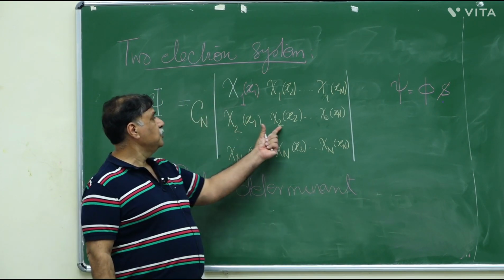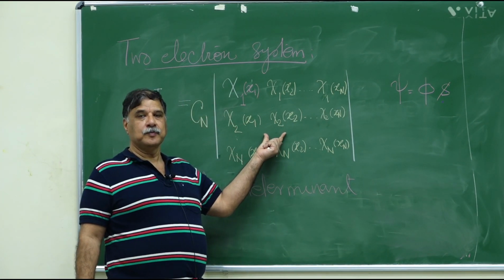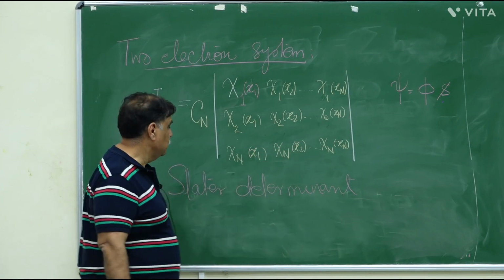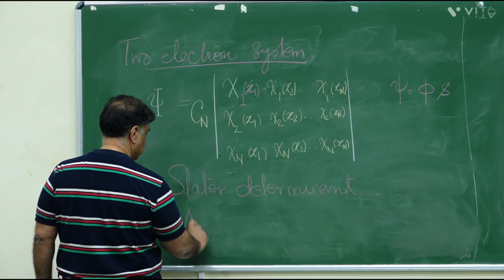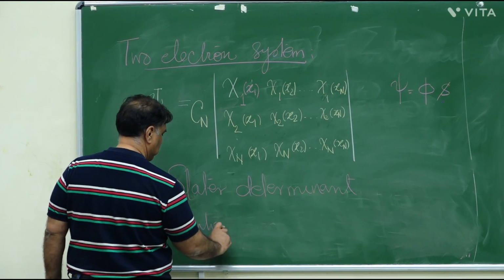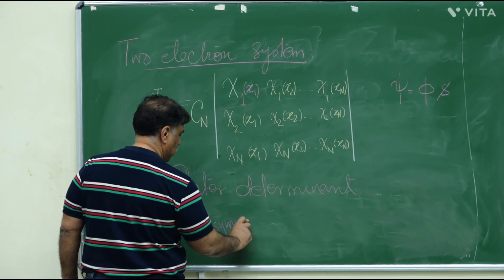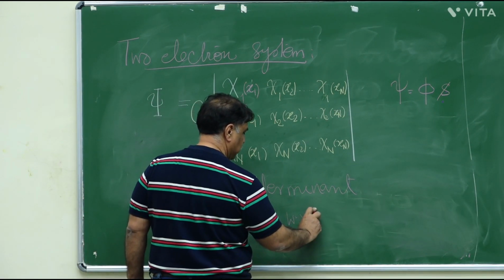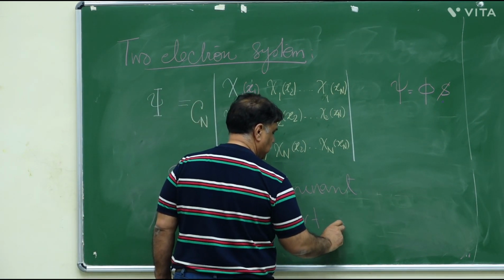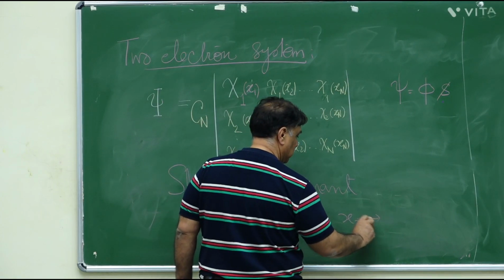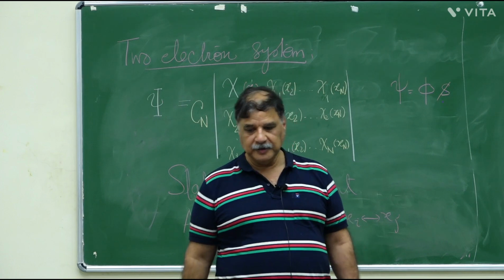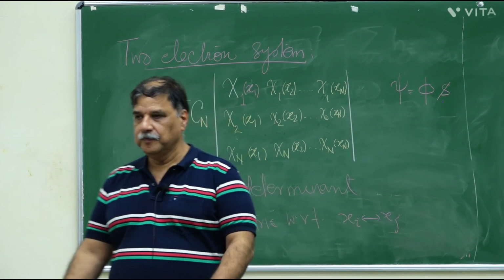And you can see if I exchange x1 and x2, it changes the sign. Right? So it's antisymmetric with respect to exchange of xi. And that's the requirement of antisymmetry.